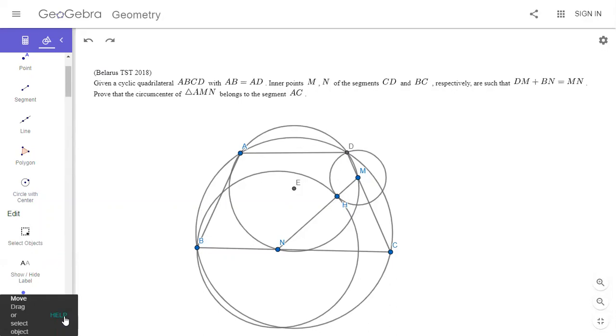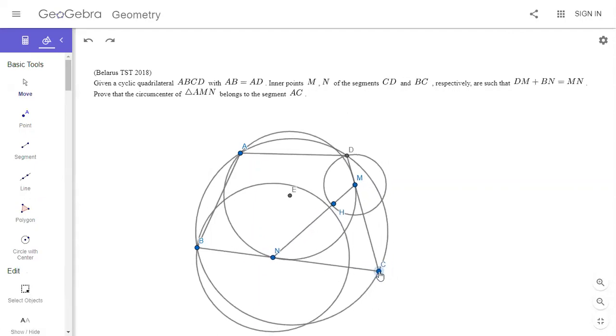Let's see. I wonder if that's just how I drew it. Let's try something like this. This is so tricky.